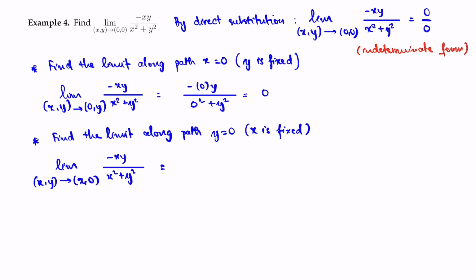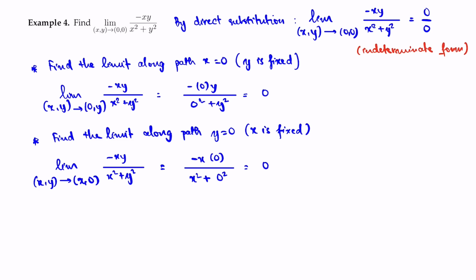To calculate this limit, you can use direct substitution and you get negative x times 0 over x squared plus 0 squared, so this is 0. In finding the limit along these two paths, the result is the same, the limit is equal to 0. So it's not going to tell you much about the limit.